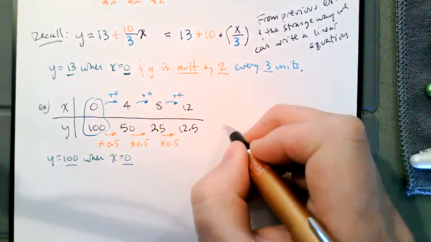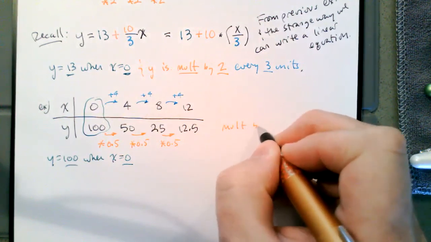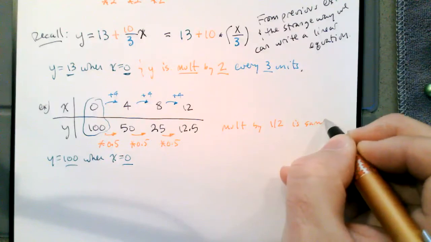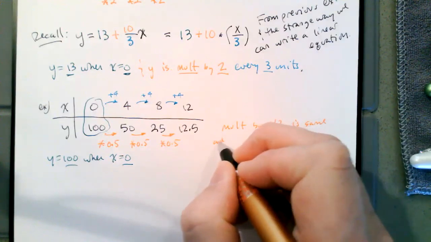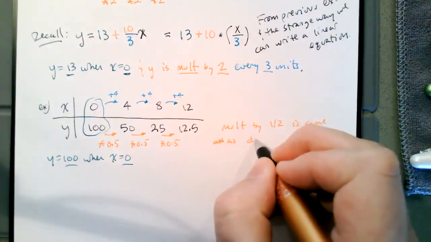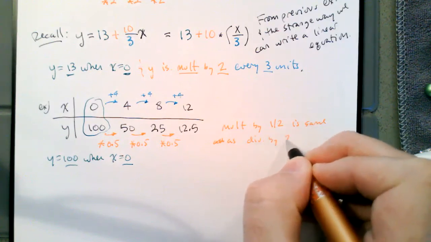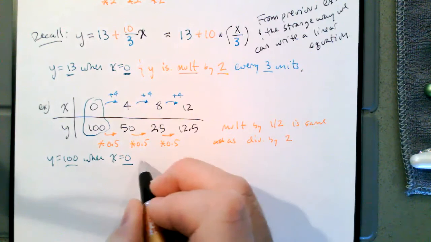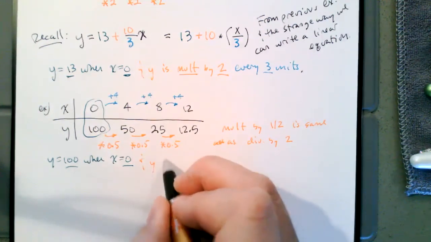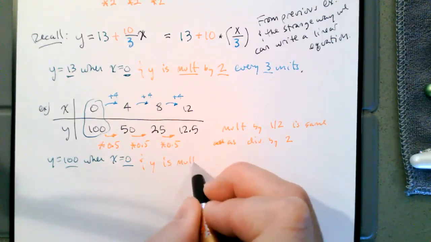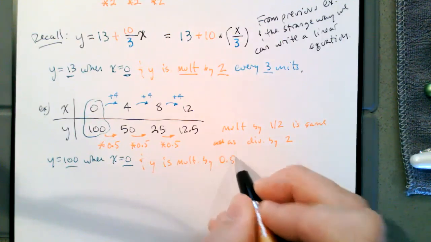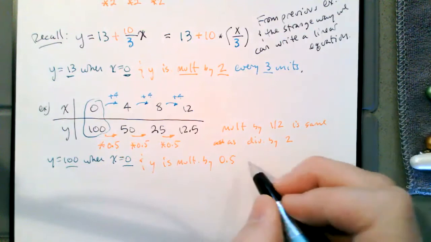We should note that multiplying by 1/2 is the same as dividing by 2. So y is equal to 100 when x equals 0, and y is multiplied by 1/2 every 4 units.